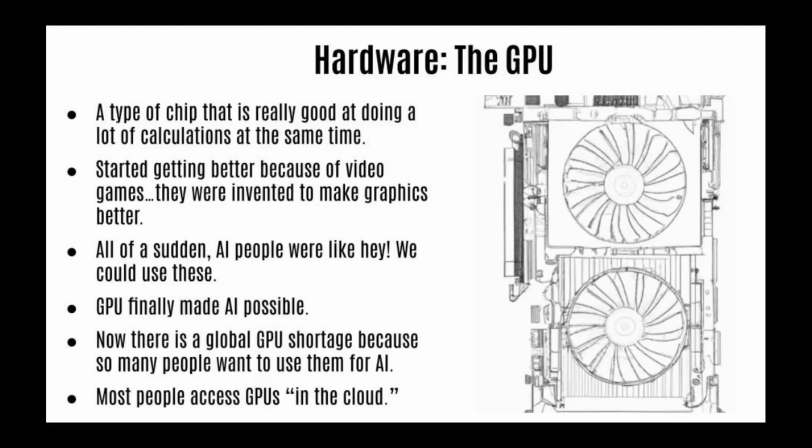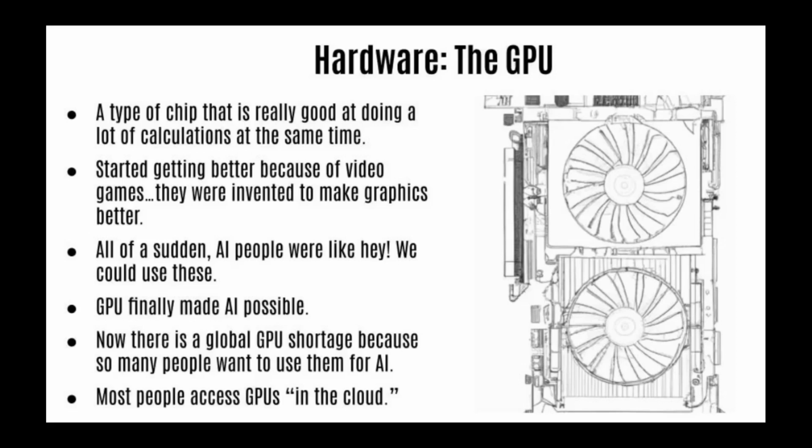However, what happened during the AI winter is something very interesting: video games got better and better. Part of why video games got better was because of their graphics, and to make better and better graphics, you needed better and better GPUs.